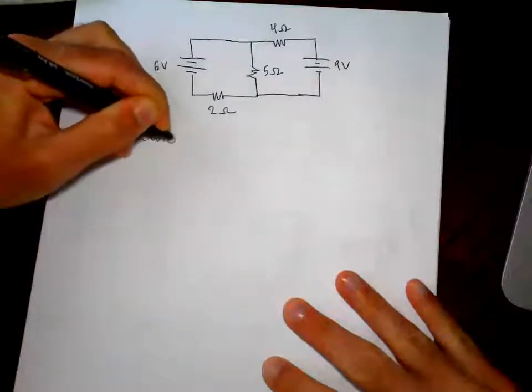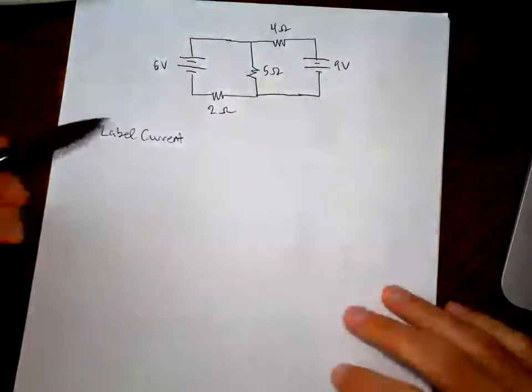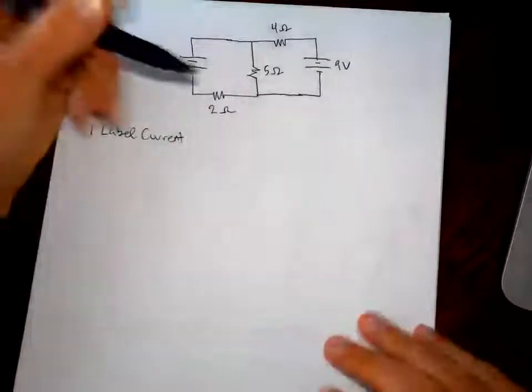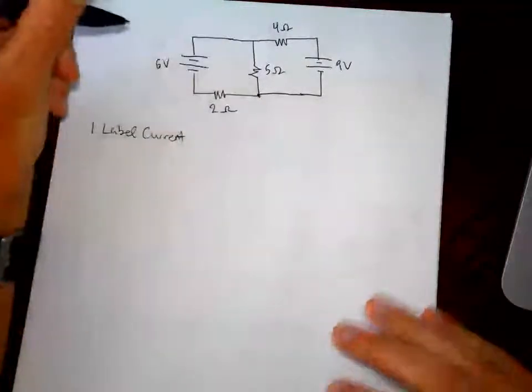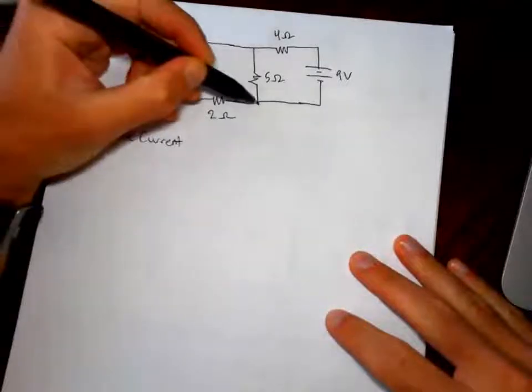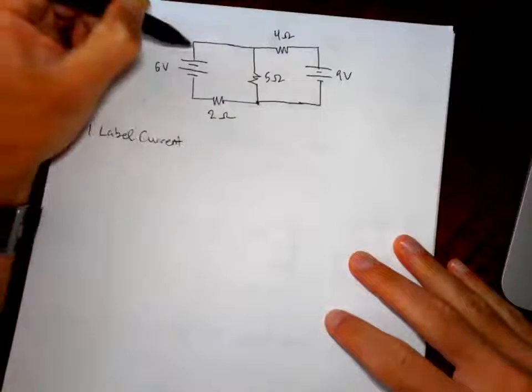So how many distinct currents are there in this circuit? Well, if we think about it, there are actually 3 distinct currents in this circuit. One of the currents is the current that flows along here. Why do I say that that's one current?